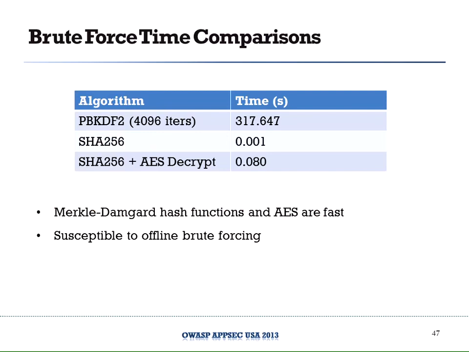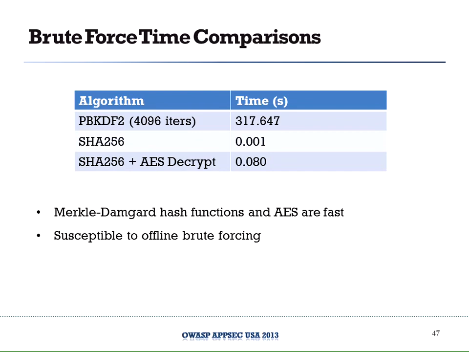Let's look at the time comparisons. For PBKDF2, I did 1,000 hashes. This time is how long it takes to generate 1,000 hashes. PBKDF2 with 4096 iterations takes 317 seconds to run 1,000 hashes. SHA-256 by itself takes 0.001 seconds.